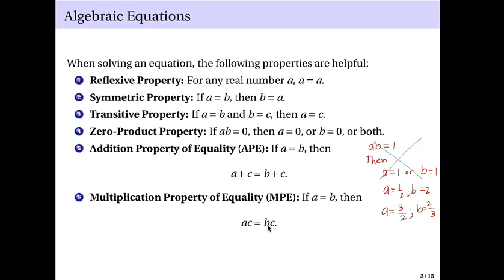Meaning, whatever you multiply on the left-hand side of the equation must also be multiplied to the right-hand side of the equation to preserve the equality. Any questions?